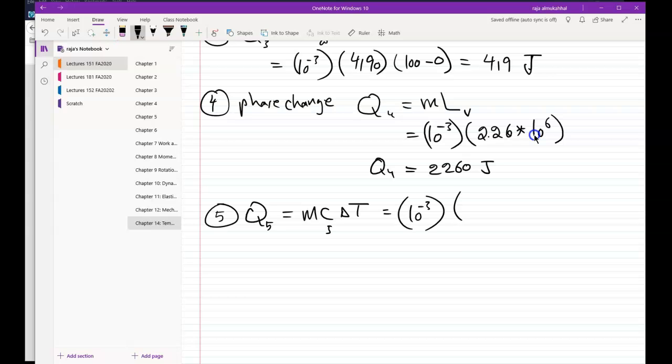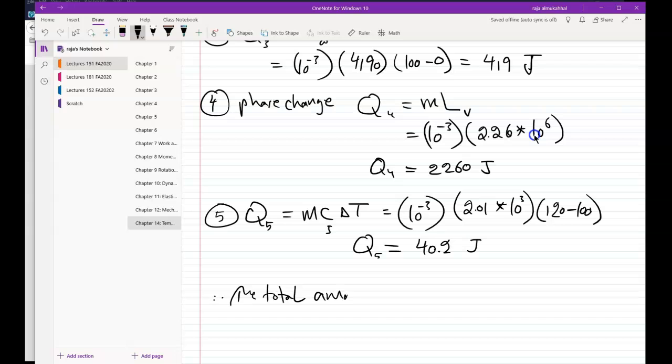For steam c is 2.01 times 10 to the third, and multiply this by 120 minus 100, and then we can calculate that, and that will be equal to 40.2 joule. Okay, that's Q5.